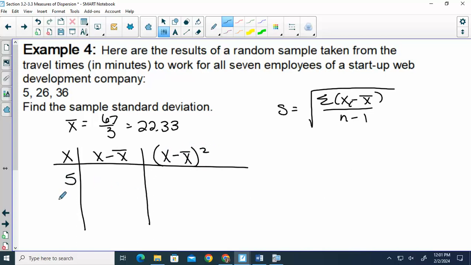So our values, we have 5, 26, and 36. We take 5 minus 22.33 and then square.